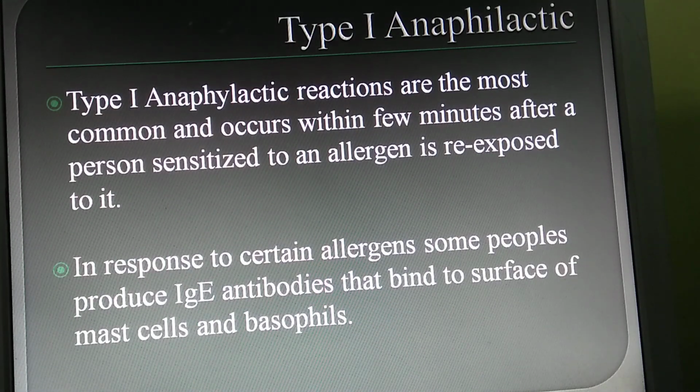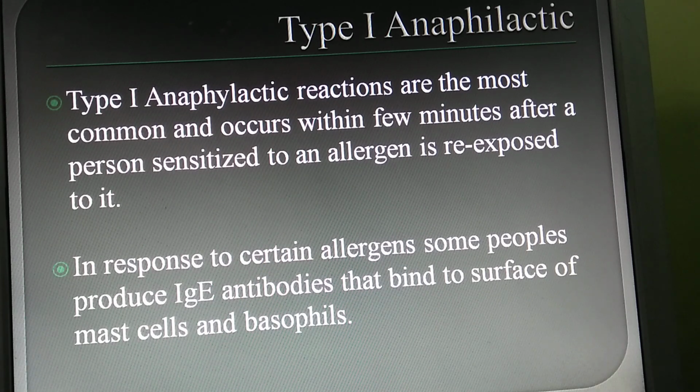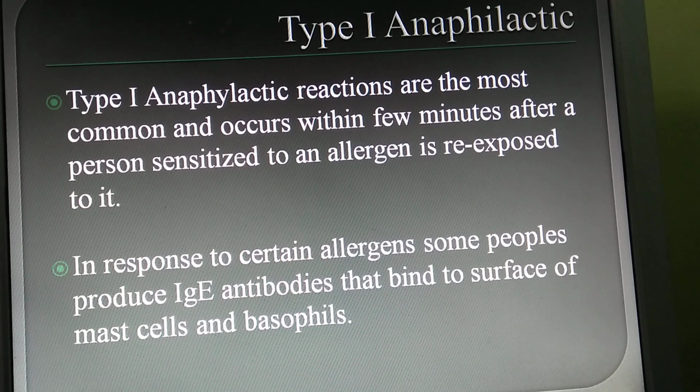Type 1, anaphylactic. Anaphylactic reactions are the most common and occur within a few minutes after a person sensitized to an allergen is re-exposed to it. That means the first time the patient does not have anything, the second time there is a reaction.